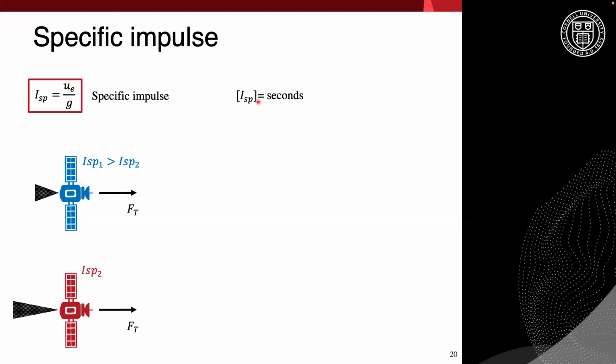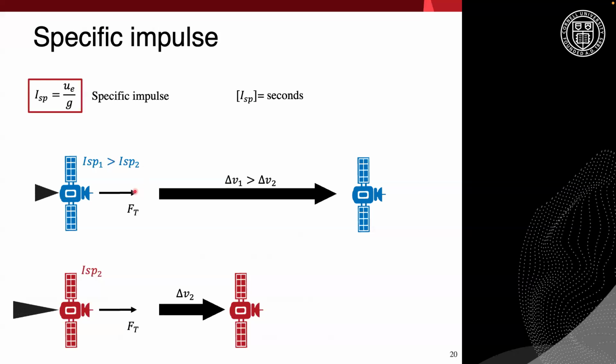And this is an intuition that will allow you to imagine what the Isp represents. So imagine we have two spacecrafts. One is in blue and one is in red. And the Isp of the blue spacecraft is higher than the Isp of the second spacecraft. And they have the same thrust. So since the Isp of the blue one is higher, it will be able to achieve a higher delta V. So this blue spacecraft will consume less propellant.